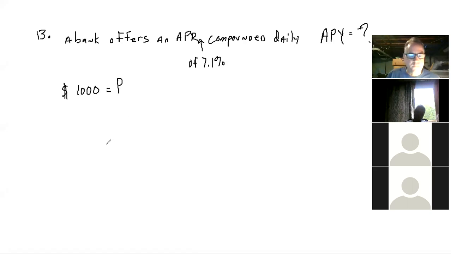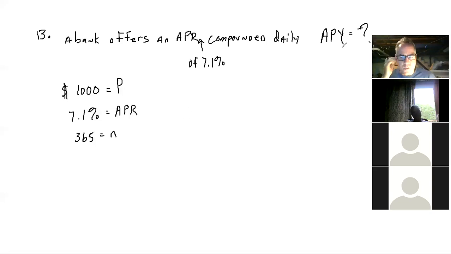All right. So 7.1% is my APR. It is compounded daily. So that's 365 for n. All right. So to find the APY, I've got to figure out how much money I'm going to make over 1 year in this situation.